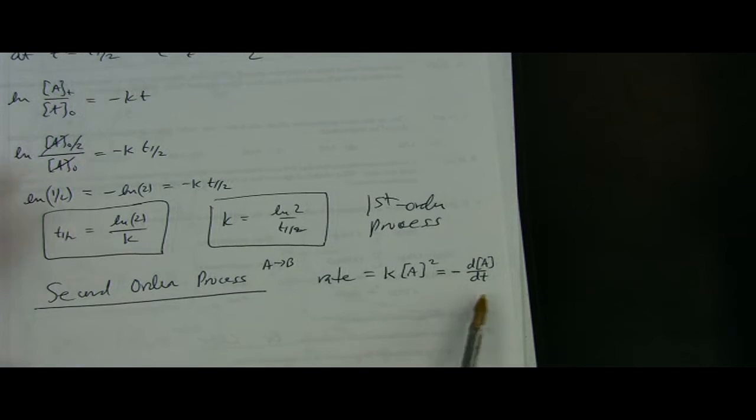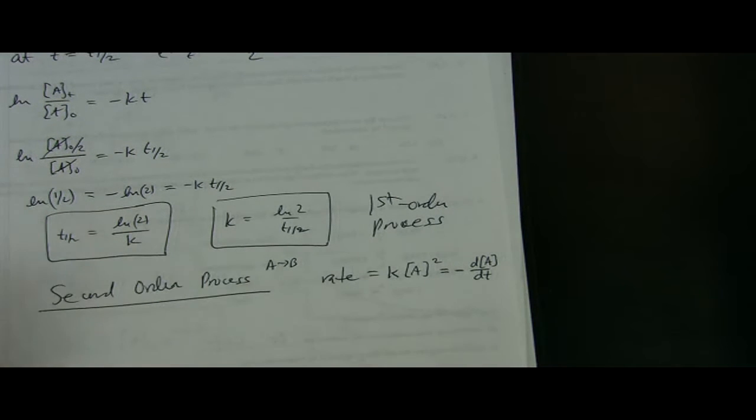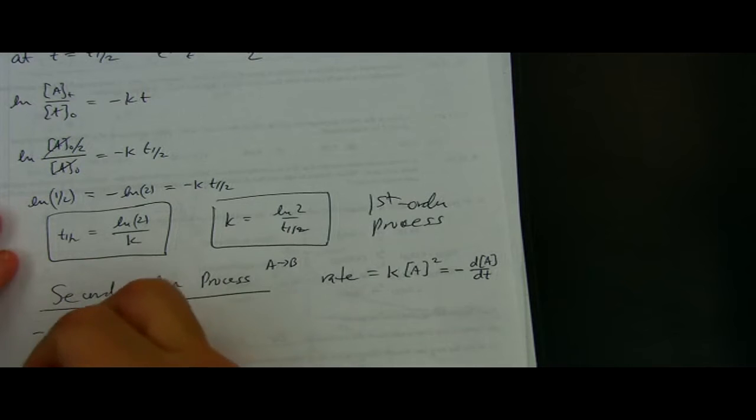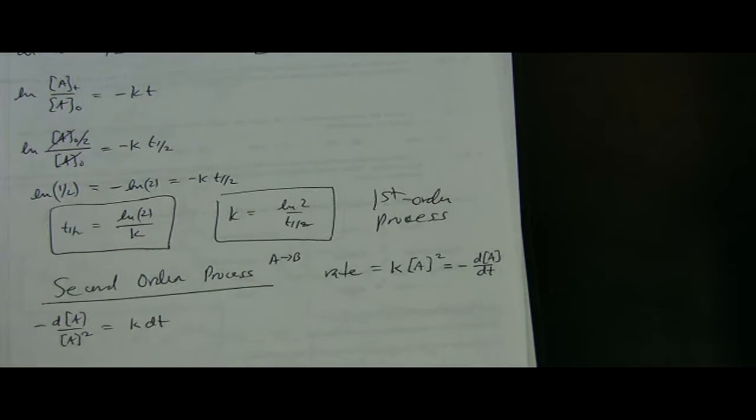All right, so now, this is again one of the simplest type of differential equations. How do you think we're going to solve this? Separate and integrate. So here I'll leave the negative sign over here. dA over A squared is equal to K dt.